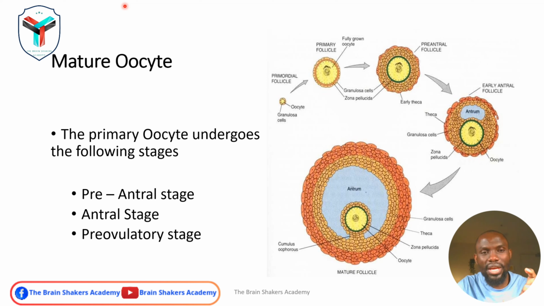Now we go to the antral stage, which is the second stage. Within the granulosa cells, you will notice that there will be formation of the fluid-filled spaces here. Now these fluid-filled spaces, they will begin to coalesce and form a central fluid-filled space, which will now be referred to as the antrum, and hence the stage being called the antral stage.